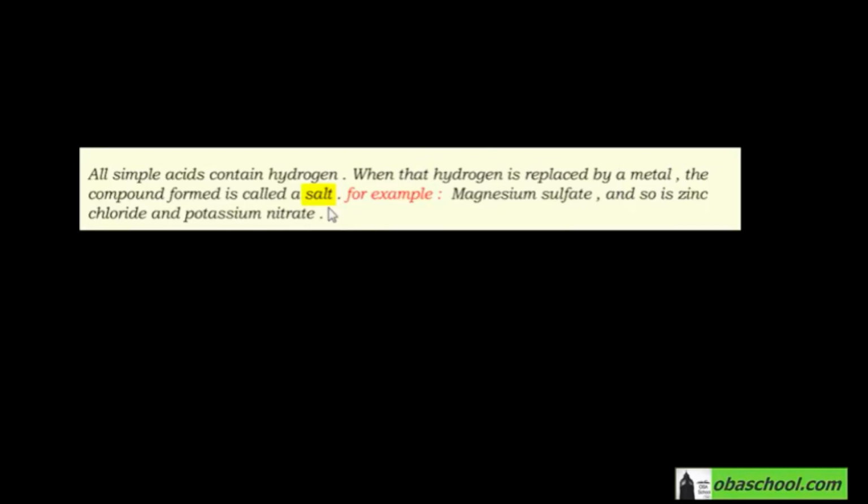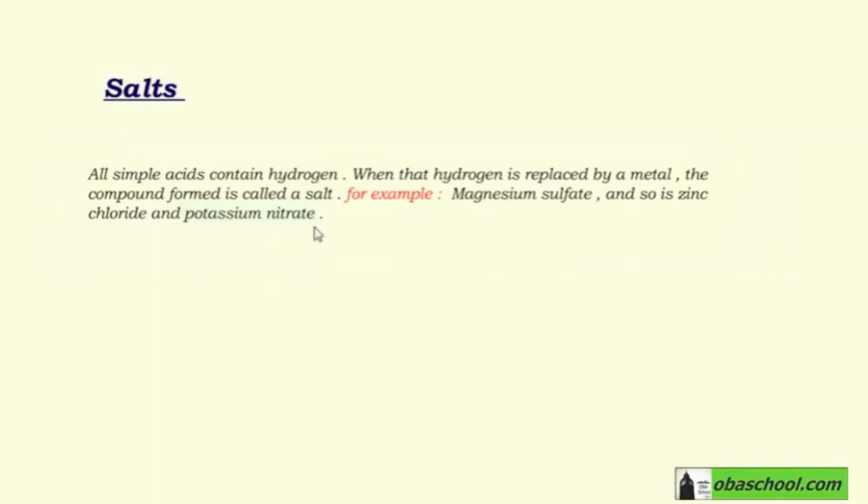So salt is obtained when hydrogen is replaced by a metal. For example, magnesium sulfate, zinc chloride, and potassium nitrate. These are some salts that are formed when acid reacts with a metal.